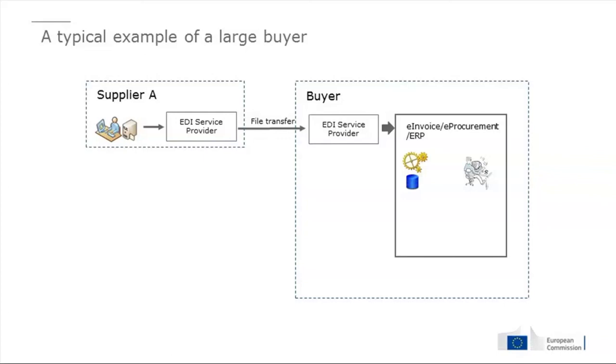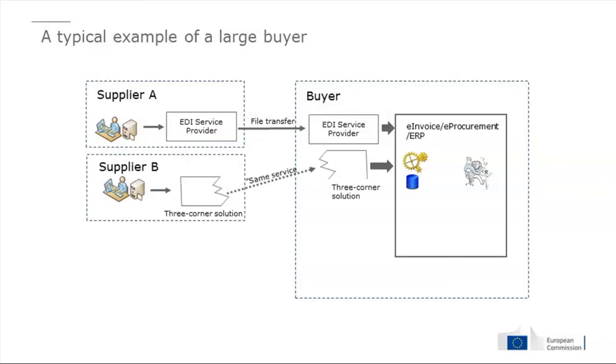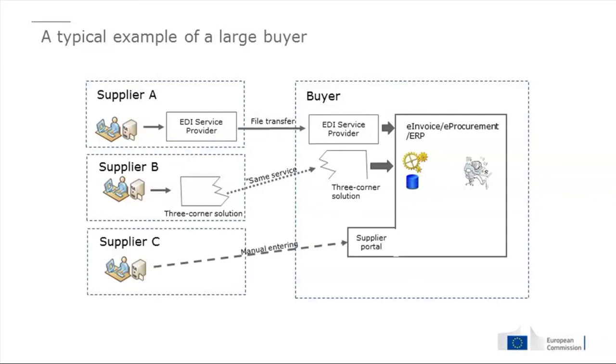But over time, they wanted to connect to more of the suppliers, and they found out that, okay, let's connect to this invoicing network. So they've added more and more connections to other providers of different solutions, like three-corner solutions. So they now have several ways in for invoicing. And they even set up their own supplier portal where some suppliers may send in or key in their invoice manually.